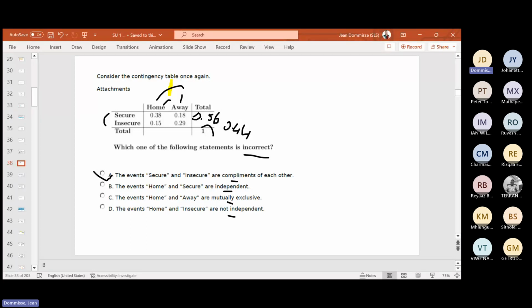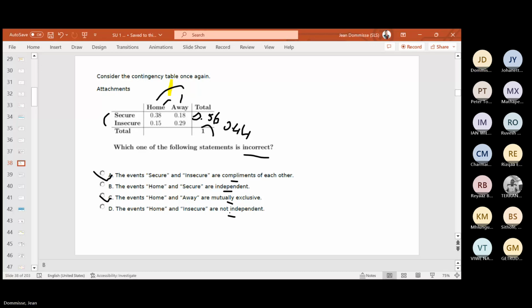But between secure and insecure, it's 0, and between home and away, it is 0. So mutual exclusivity is definitely also correct. Now we're looking at independent or not independent.